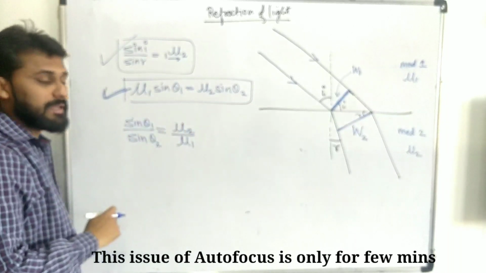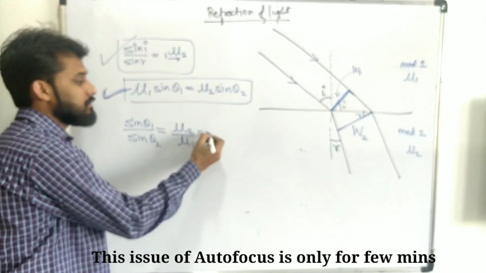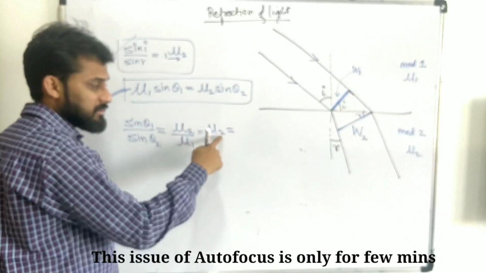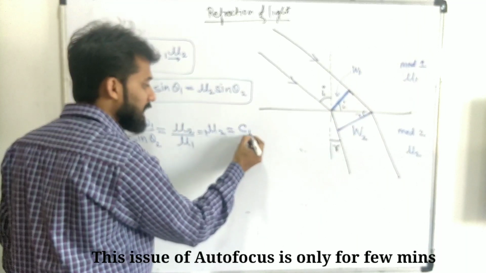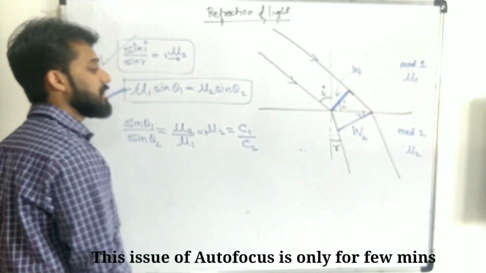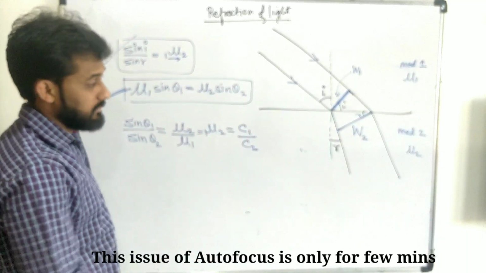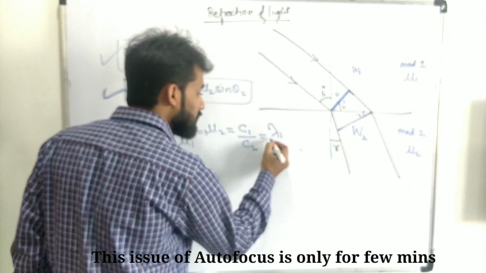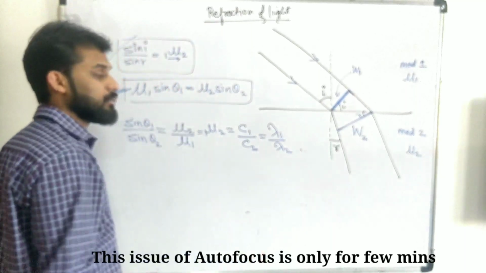This will go down, correct? And mu 2 by mu 1 is mu 2 1, right? It is equal to speed of light in medium 1 upon speed of light in medium 2. This is the definition, ratio of speeds of light, and it is equal to wavelength of light in medium 1 upon wavelength of light in medium 2.